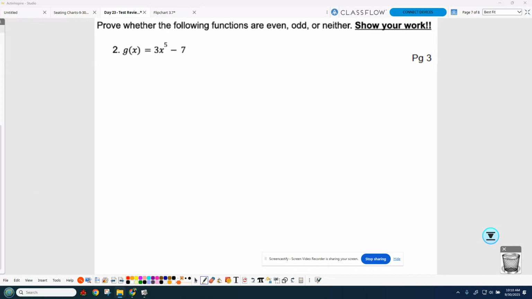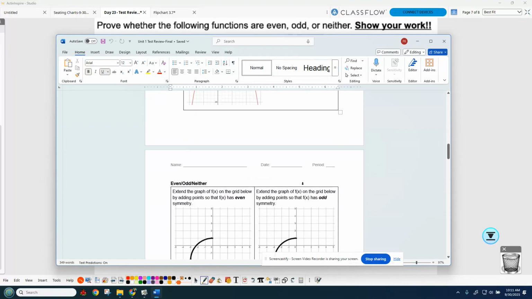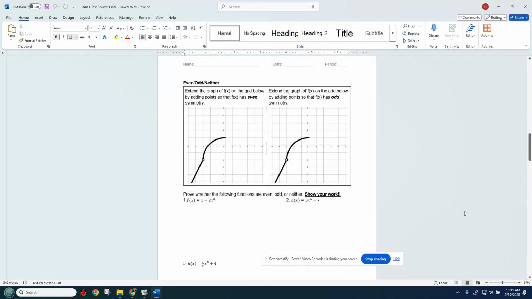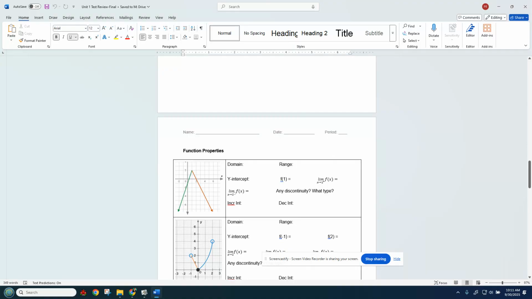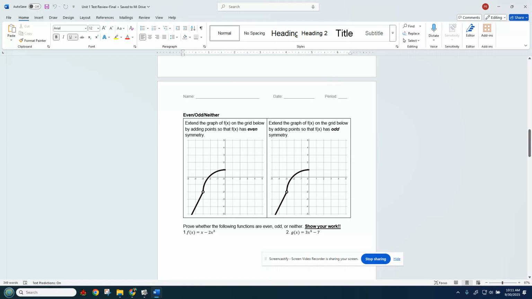Sorry, trying to pull it up. Why did all the controls disappear?